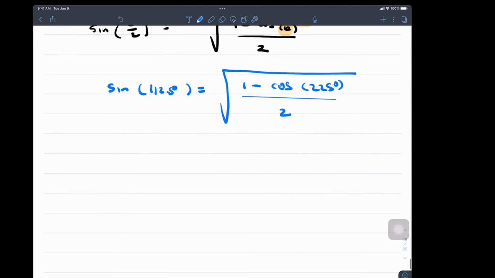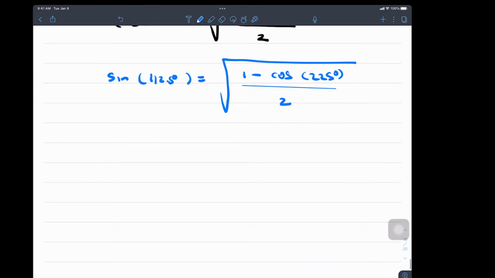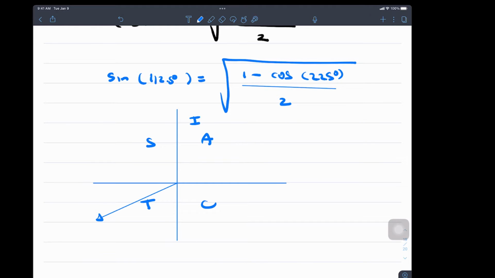All right, now I have to find cosine of 225. So I guess maybe I have to draw my picture. Is that right? All students take calculus. Where is this angle? Isn't that quadrant 3? Okay, so if this whole thing is 225 degrees, right?